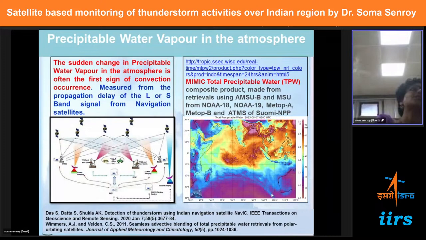So an increase in precipitable water vapor indicates an increase in convection. Of course, it does not say it will be a thunderstorm or just rain from the cumulus congestus stage, but nevertheless, it is a good indication of convection.